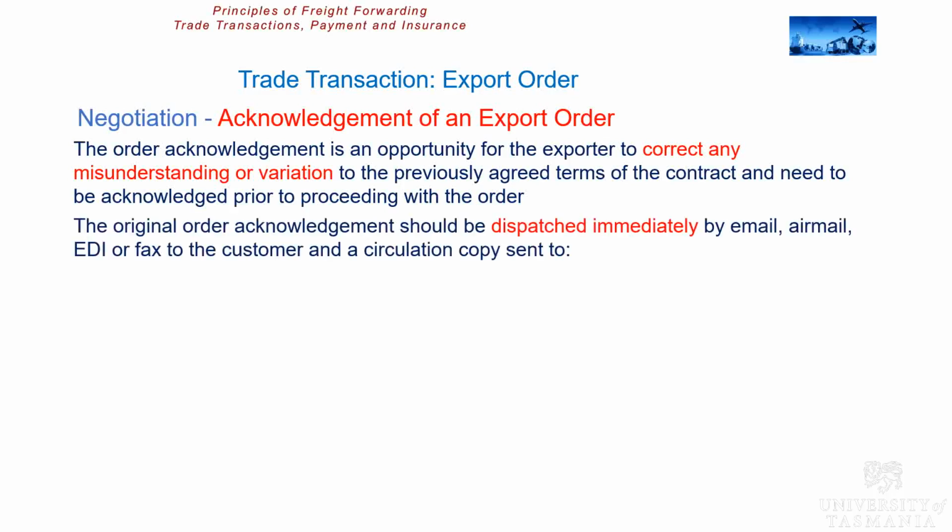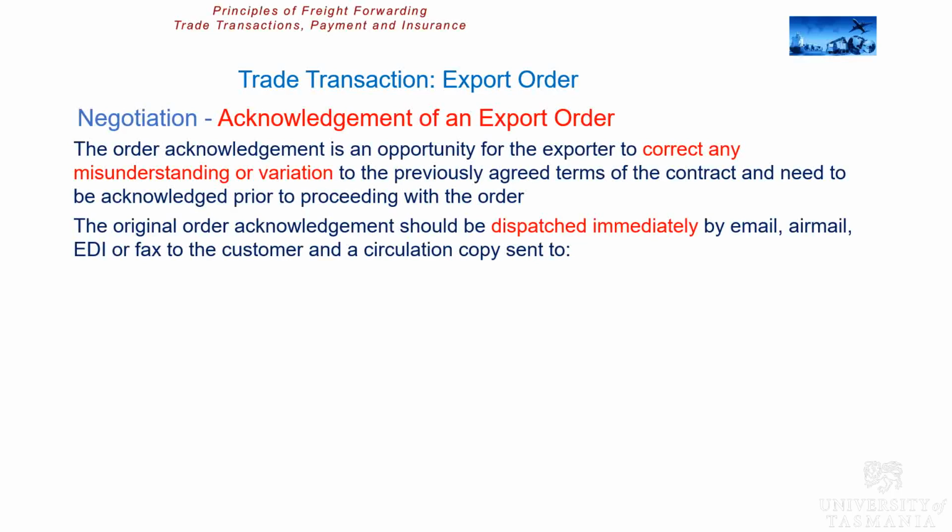However, if everything's consistent and everything's okay, the order acknowledgement should be dispatched as immediately as you possibly can. It could be by email, airmail, electronic data interchange, fax. It's really up to you.